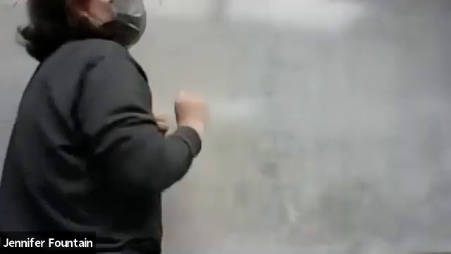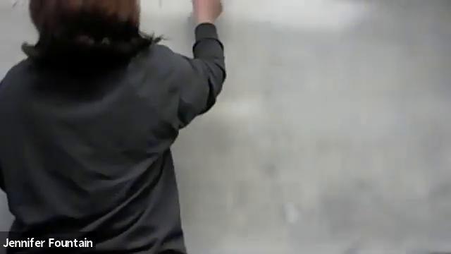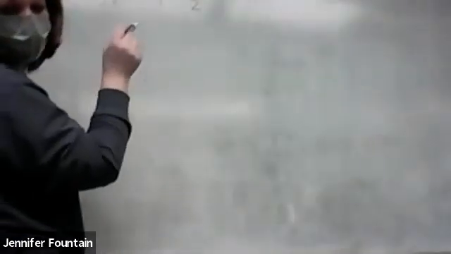What is the measure they tell me of AB? 6. What is DE? 4. What is 6 over 4 reduced to? 3 over 2. So this is going to be my shortest side. Now I'm going to look at my longest side.